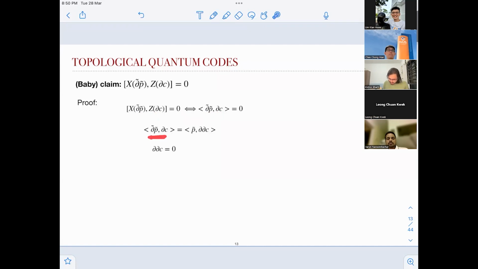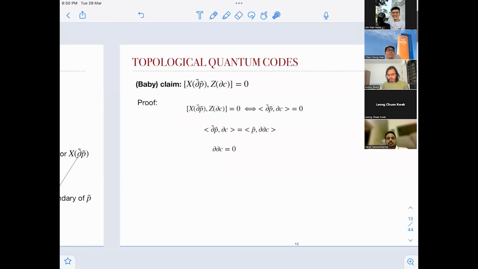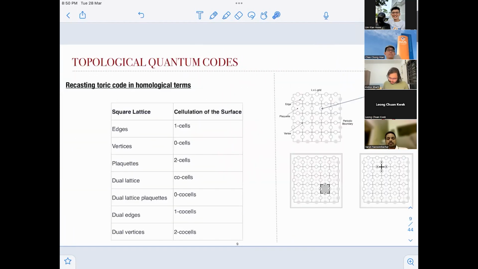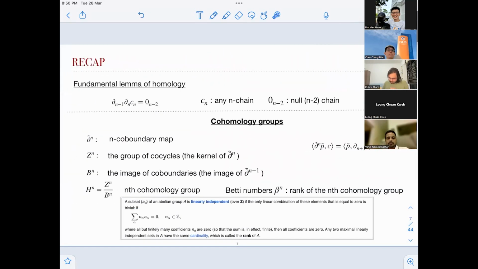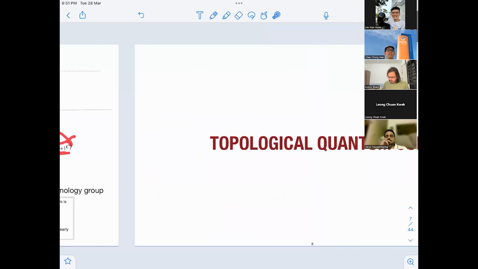We know that the inner product of delta tilde P tilde with delta C is nothing but P tilde with delta delta C, by using the definition of the co-boundary map. If you remind yourself, when we defined the co-boundary map, you can move the delta from here to here.